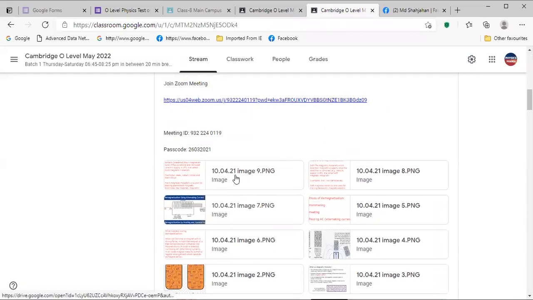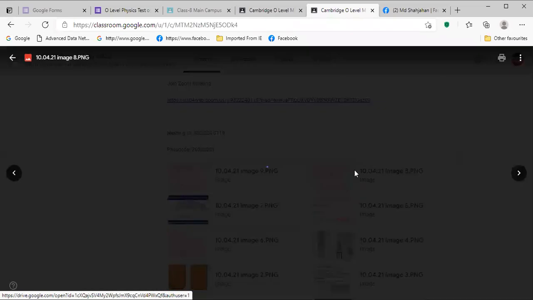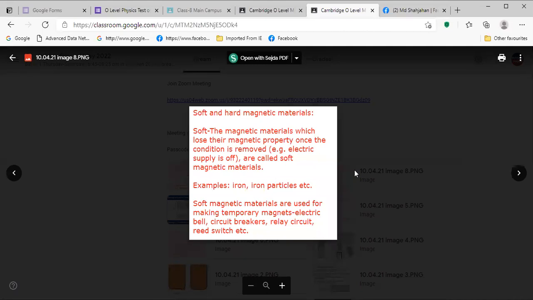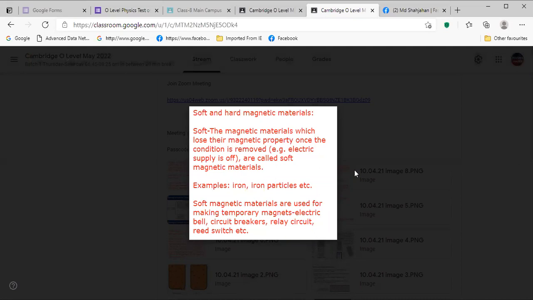Then we have soft and hard magnetic materials. There are examples, and soft magnetic materials are used for making temporary magnets.